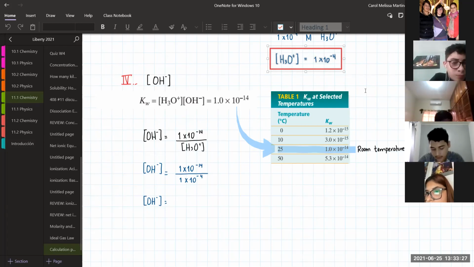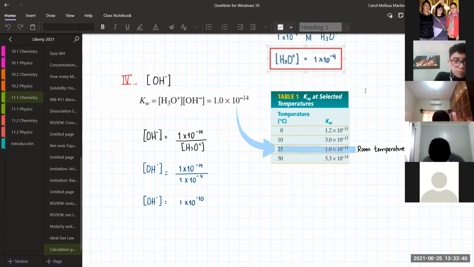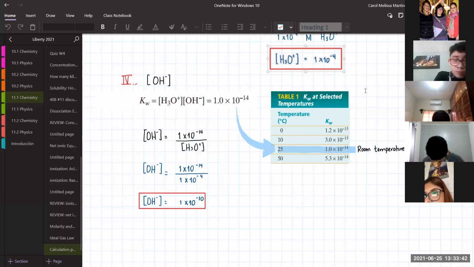One times 10 to the negative 10th power. And with this, you solve the problem. As I told you, we understand that the brackets indicate concentration. Also here in the formula, as you can see, the concentrations are in brackets. That's why we continue like this.